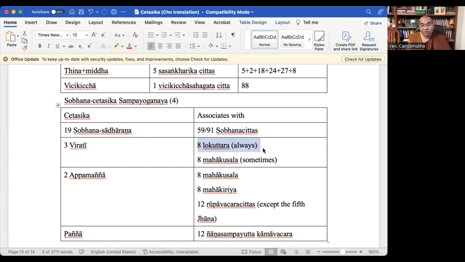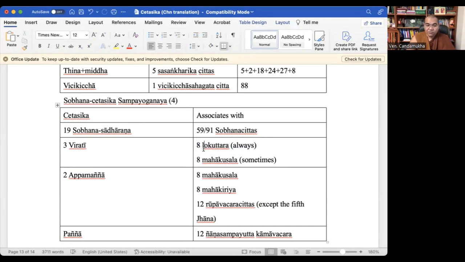Sometimes here means only when we refrain from killing, stealing, then one of the Virati associates with the 8 Mahakusala Citta. Otherwise, it may not associate. That's why collectively we can take note: the 3 Virati Cetasika associate with 16 Cittas. That is one Sampayoga method.